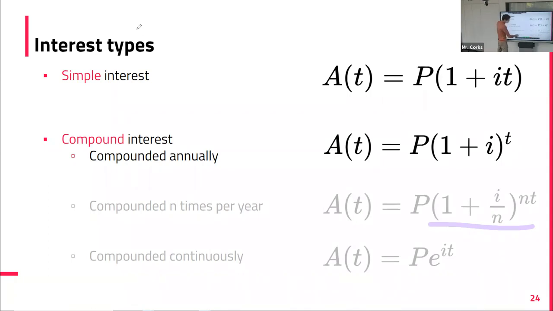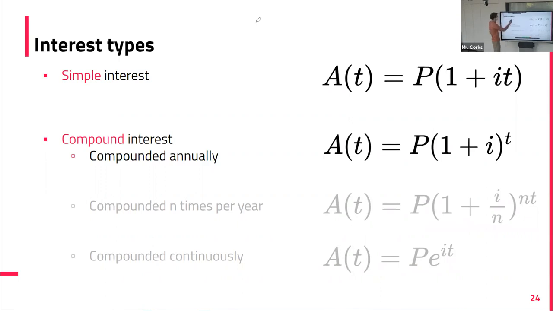Or they can also be compounded continuously, and there's a separate formula for that. And then lots of stuff you can do with that. Debt repayment schedules and annuities and lots of stuff. So we're not going to go into all of that. Again, that will be in some finance class later.